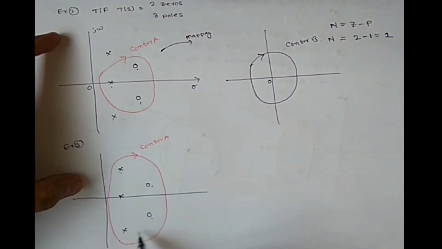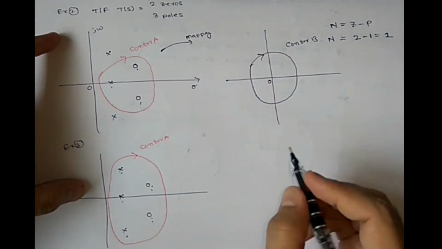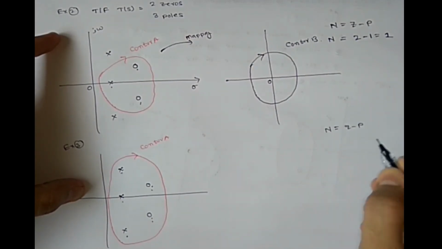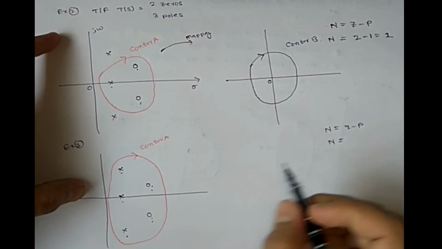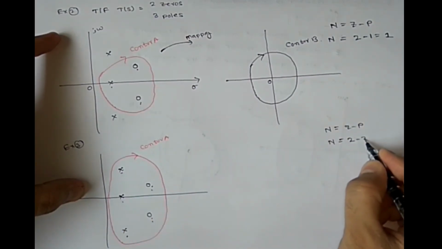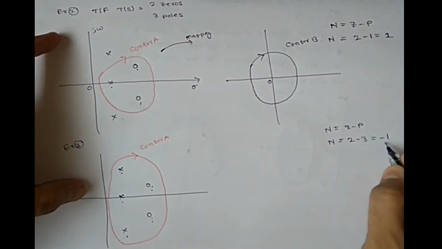This will make anti-clockwise. So this anti-clockwise and clockwise will get cancelled out, and this anti-clockwise contour B and clockwise contour B will get cancelled out, and this is anti-clockwise contour B, right? So here we have the formula N equal to Z minus P. How many zeros do we have here? 2 zeros. And how many poles do we have? 3. 2 minus 3 equal to -1. So -1 represents anti-clockwise.